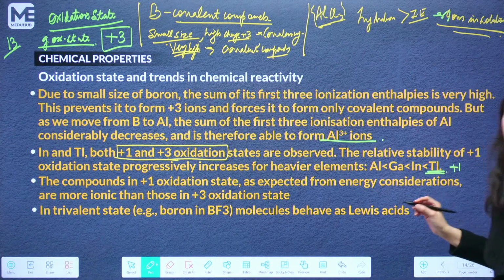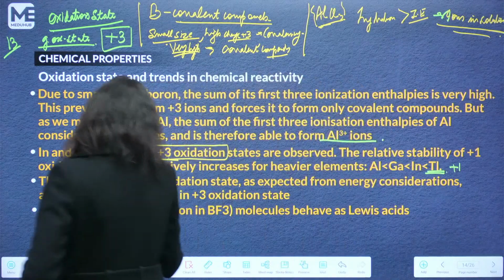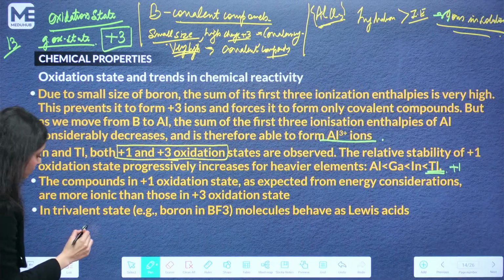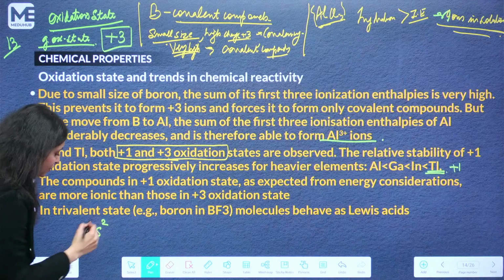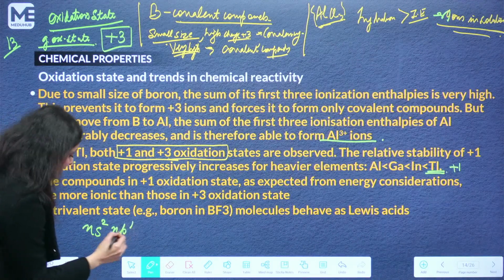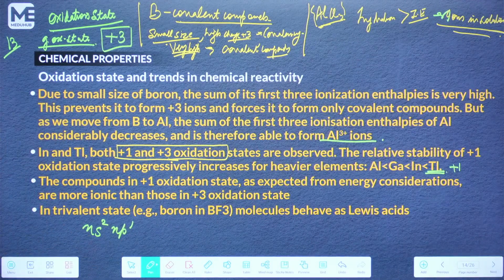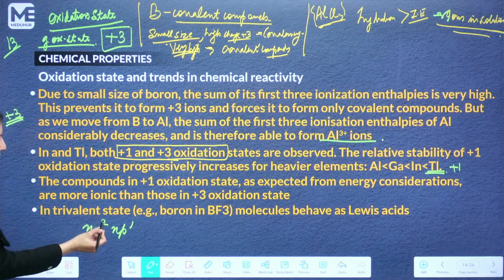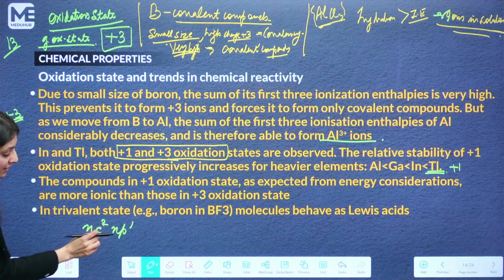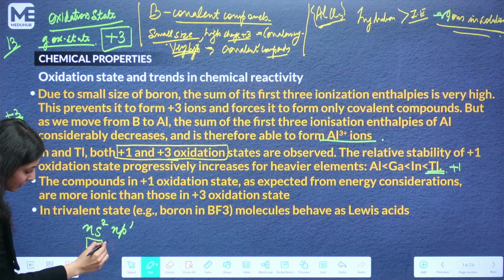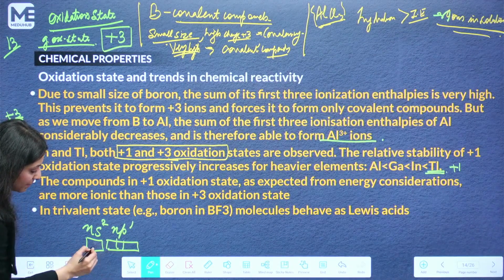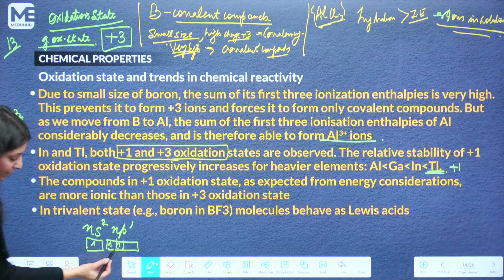Why does that happen? This happens because if we talk about the valence shell electronic configuration, it is ns2np1. For these elements to show a +3 state, the electrons in the ns orbital need to be unpaired and be promoted to the np orbital, right?